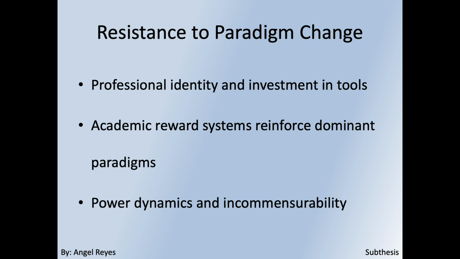Third, power dynamics within disciplines can marginalize alternative approaches. Finally, different paradigms can be incommensurable. They use different language and standards that make direct comparison difficult. This is why paradigm changes often require generational shifts in scientific communities.